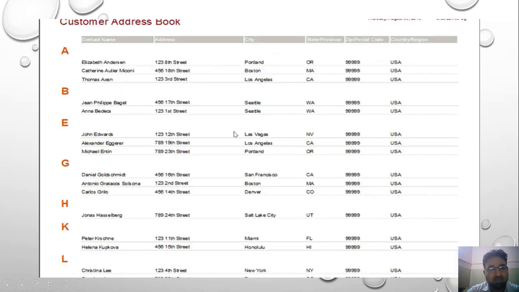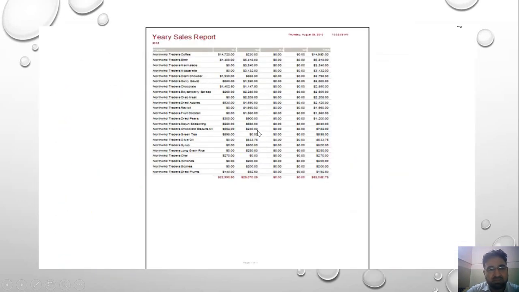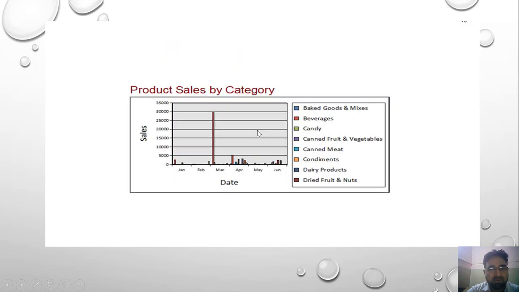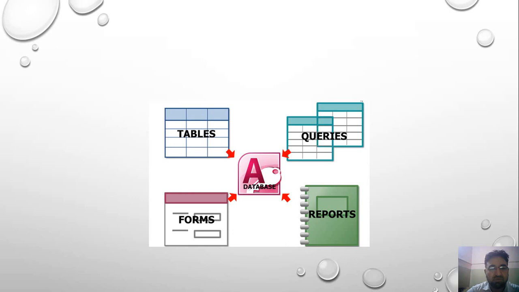So this is a report, this is also a report, and this too is a report. In short, tables, queries, forms, and reports working together can create a fairly usable and flexible tracking and reporting system, and that is a complete database in Microsoft Access.